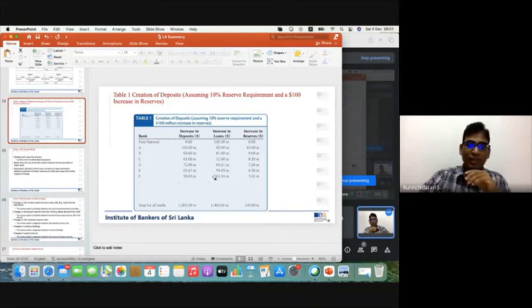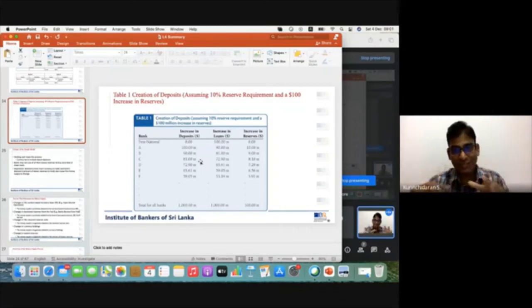So in a banking system, even though the central bank gives a little money, the banking system creates so many deposits and induces the system to work, as payment for goods and services. Okay, I hope you understand this.